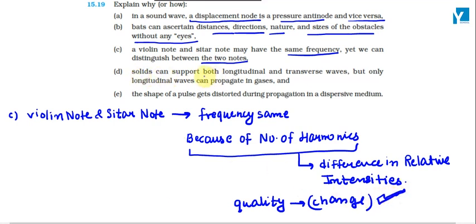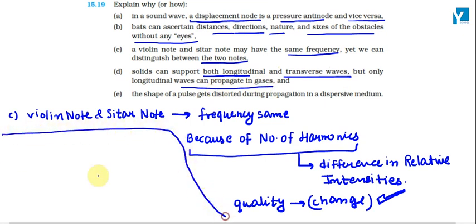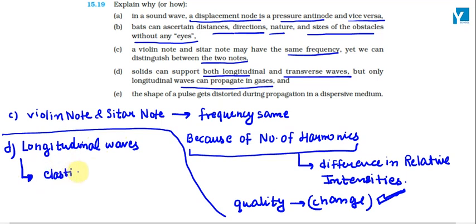Solids can support both longitudinal and transverse waves, but only longitudinal waves can propagate in gases. Part D. We know that for the propagation of longitudinal waves, the medium should have elasticity of volume, also called bulk modulus.